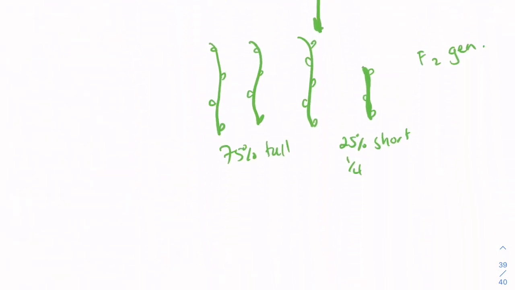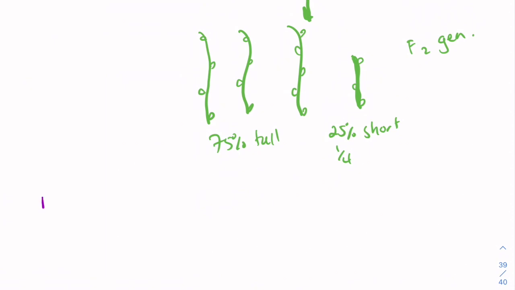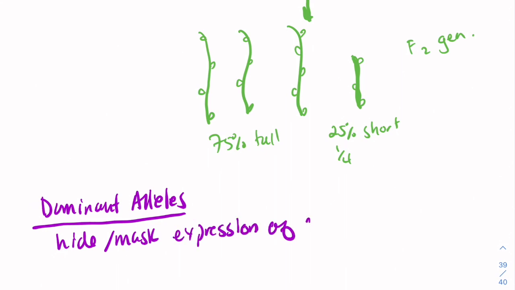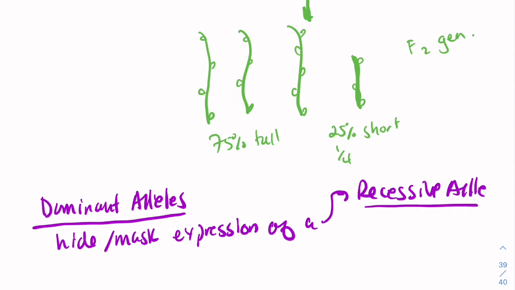So let's write this down. Dominant alleles hide or mask what we call expression of a recessive allele. Dominant alleles get a capital letter when we write this stuff out.